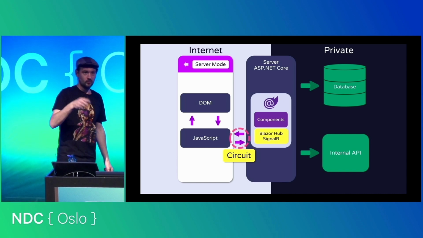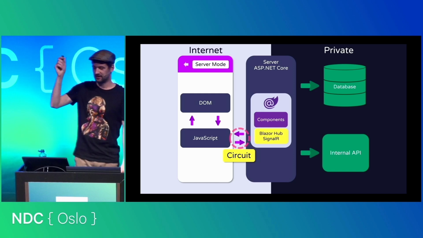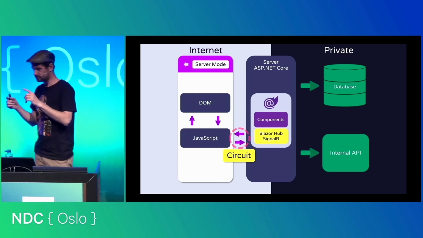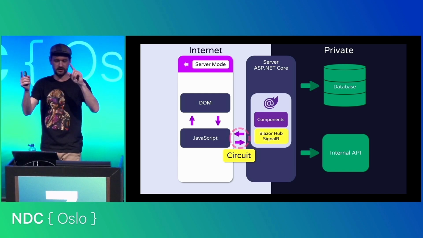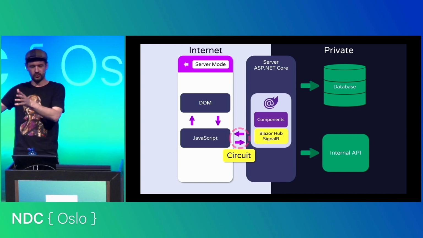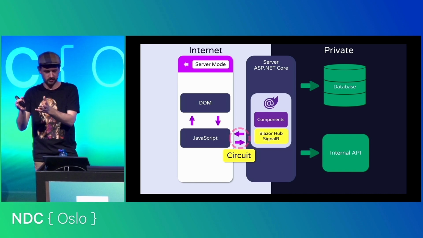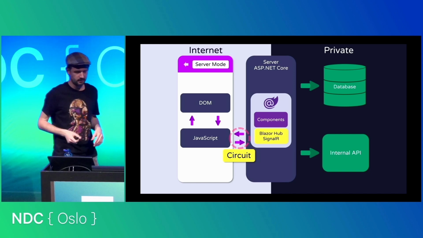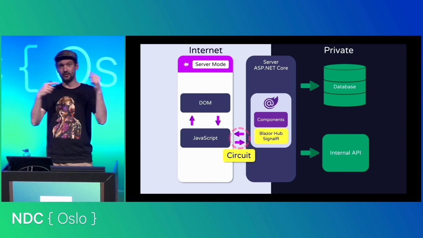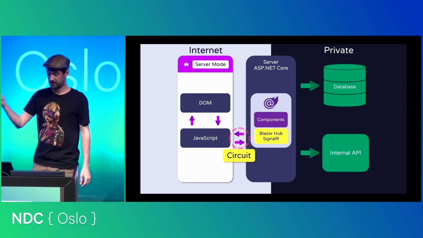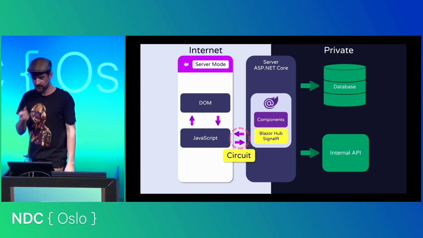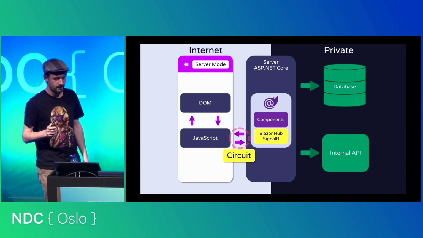But what we also get is this circuit. The circuit is basically the connection or the root of your application for one user, one session. It has two arrows because it's a two-way connection.